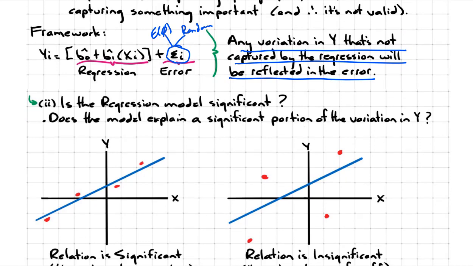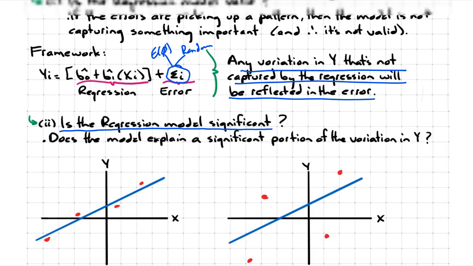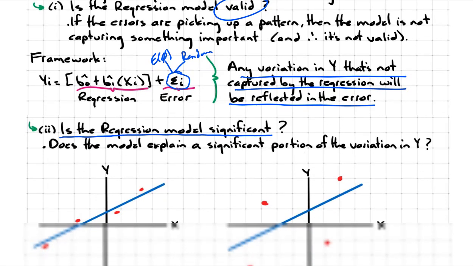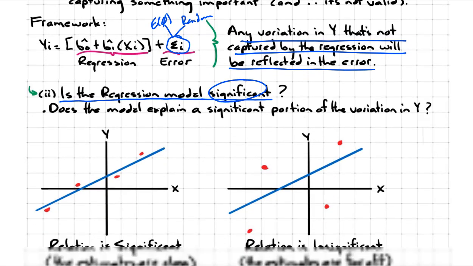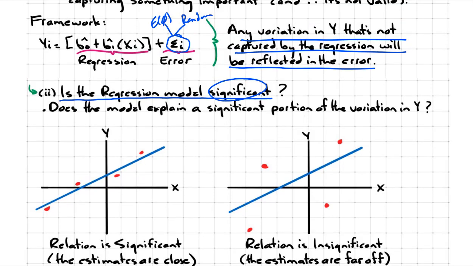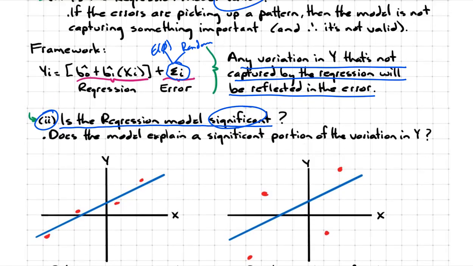The second thing is, after you determine that the model is valid, you ask yourself, is the model significant? So there are two different things. Part 1 says, is it valid? Part 2 says, is it significant? What does that mean? You've got to go in stages. When you're in stage 2 here, you're assuming the model is valid, i.e. the expected value of the errors is 0 and the errors are random.